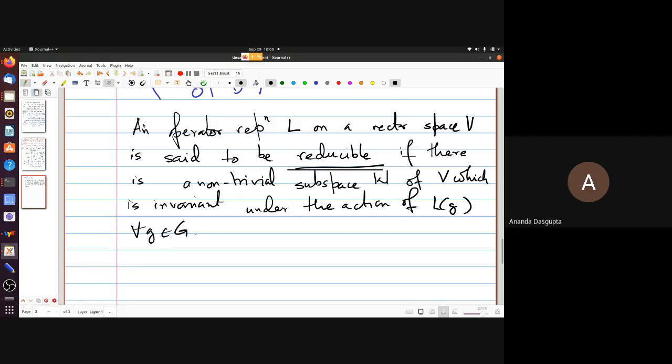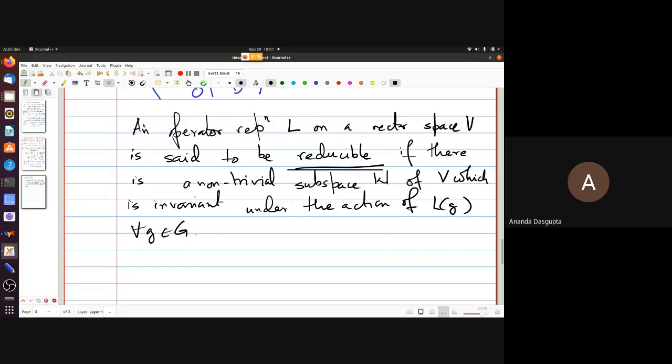Now, what do I mean by non-trivial subspace? Of course, you all know this. Every vector space has two trivial subspaces. One is just the null vector, the other is the whole vector space. If you leave them out, what you are saying here is that you must have a subspace W which is neither the whole space nor just the null vector, and it's invariant under L_g for all g.